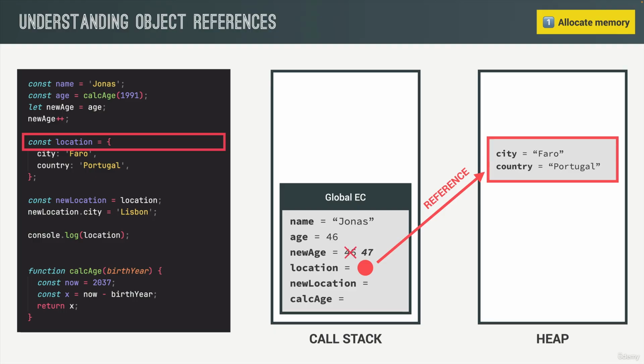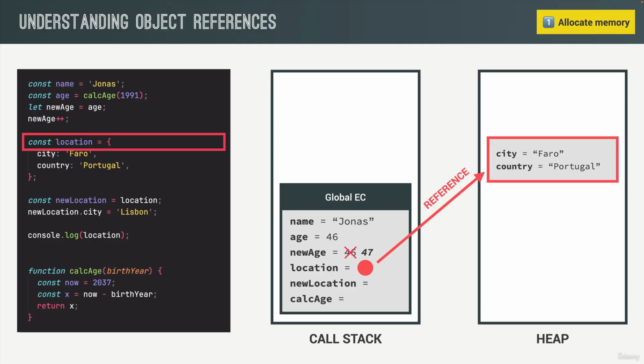What you need to understand is that variables in the call stack do not hold objects themselves, but references pointing to these objects. Now, to us developers, this mechanism is completely hidden. So on the surface, it does look as if a variable is actually holding the object itself, when in fact it's only storing the reference to the object behind the scenes. And that's actually a huge difference, as we're about to see.